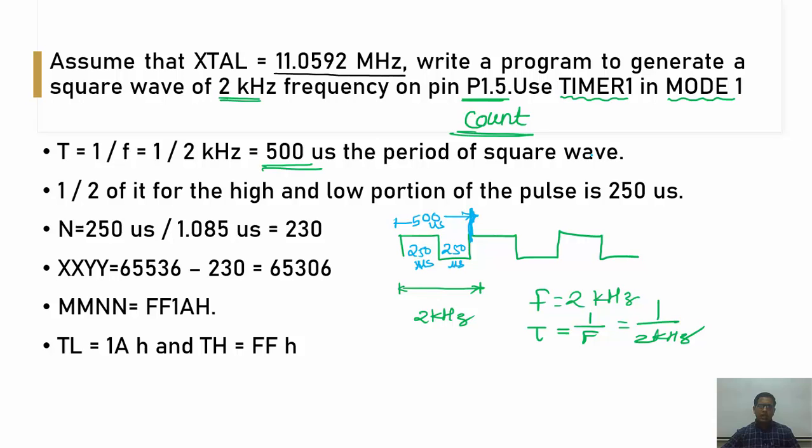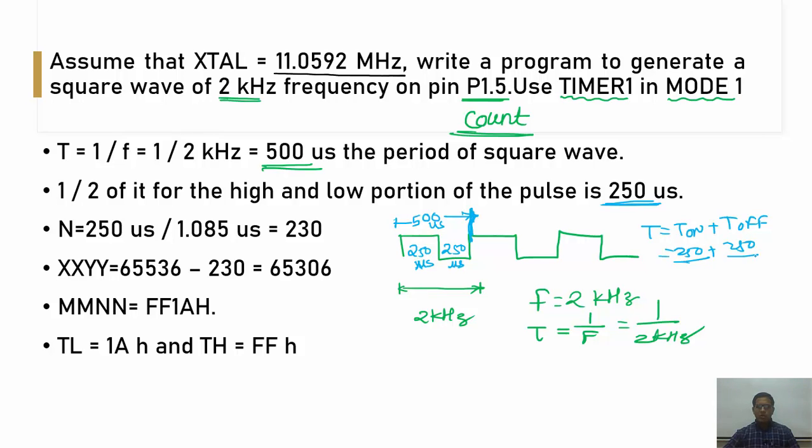So the exact delay that is required is 250 microseconds. We are getting 500 microseconds as the total time span. Again, as it is a square wave, T is equal to T on plus T off, so it is 250 plus 250.